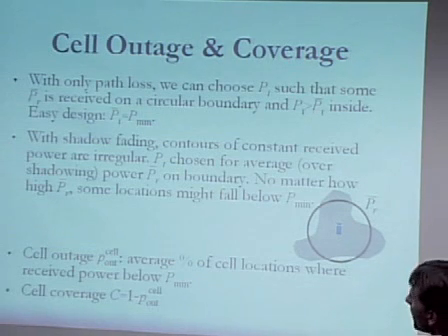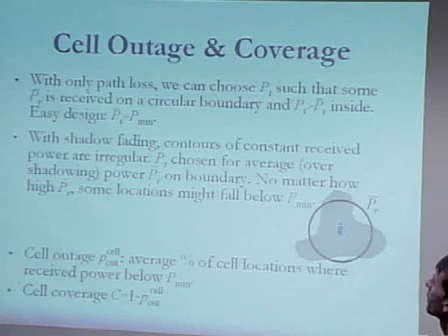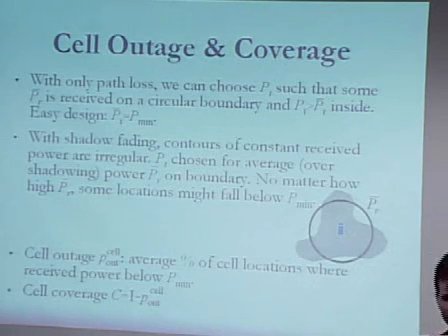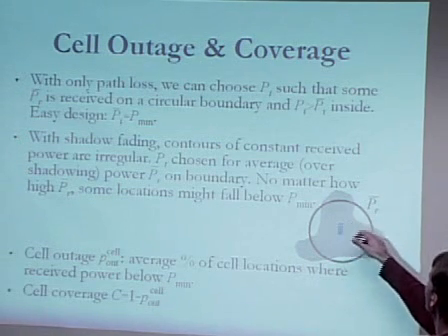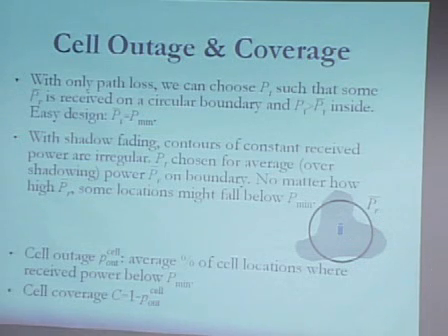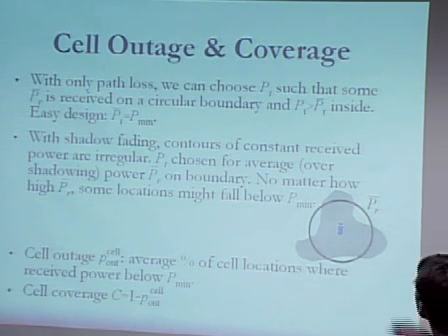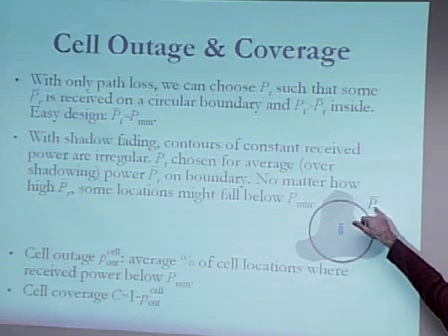Now, let's put back the shadow fading, and we go back into this amoeba cell with irregular contours. Okay. Now we have to choose the transmit power, and now we have a bigger problem, right? Because no matter how big the transmit power, we're going to have some places in outage, right? So we're going to choose the transmit power such that the received power on a circle equals this PR bar.